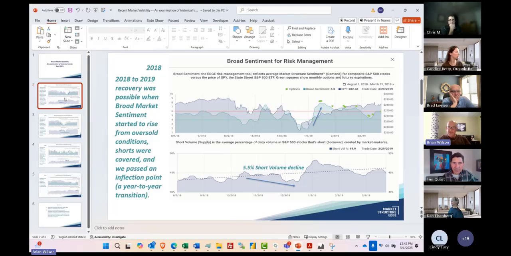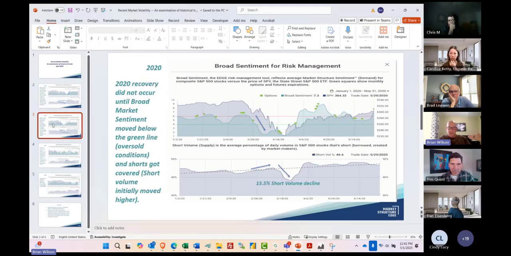So 2018 to 2019, market really fell apart in the last quarter of that year. We did have short volume that fell by about 5.5%. The market got its legs during a yearly transition, December to January. Sentiment climbed and the market took off.